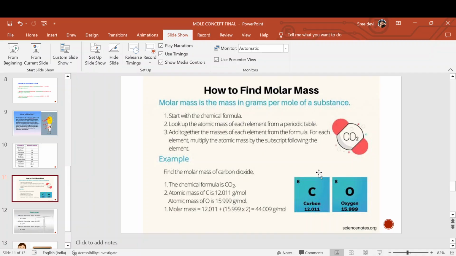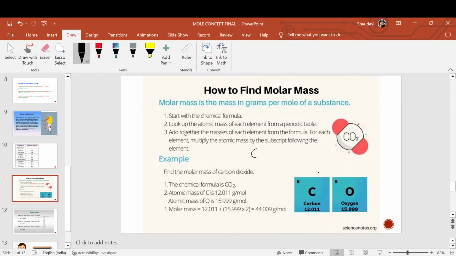Say CO2. Okay, CO2. CO2 means carbon dioxide. In CO2, there is one carbon atom and two oxygen atoms. You agree? What is the atomic mass of one carbon atom? It's around 12. Actually, it is 12 gram per mole. What's the atomic mass of one oxygen atom?